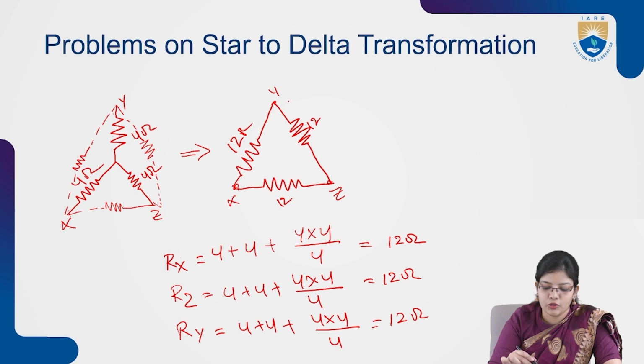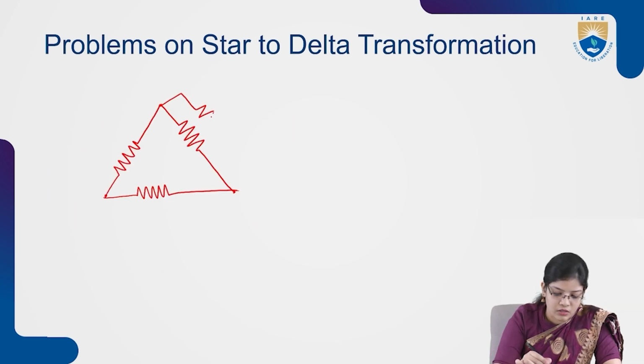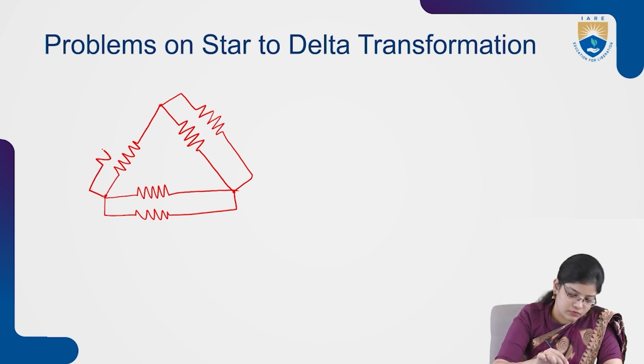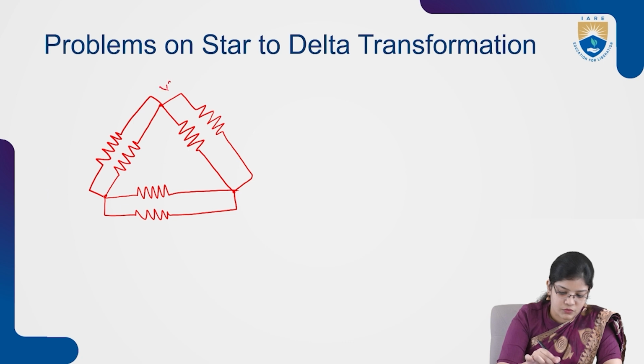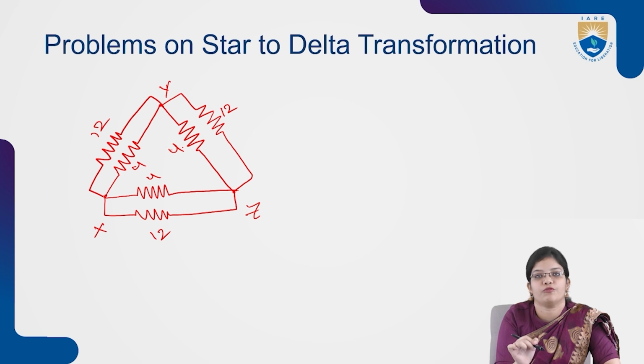Now I'm going to connect this network across the previous delta network. It can be connected in this way, between X and Z, one of 12 ohms, while in the previous network the resistances are 4 ohms.